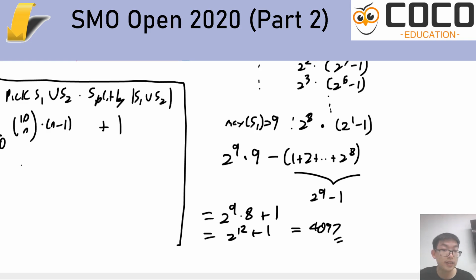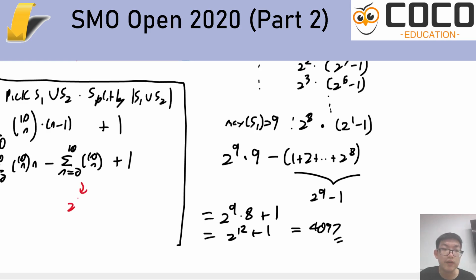I want to write it like this because the sum of 10 choose n, as n goes from 0 to 10, is just going to be 2 to the power of 10. That's because this is basically just the binomial expansion of 1 plus 1 to the power of 10.